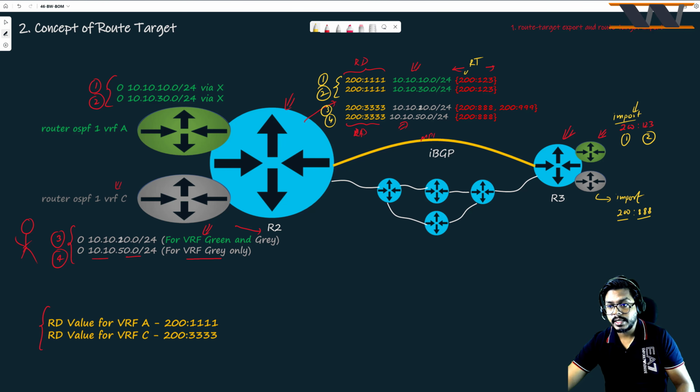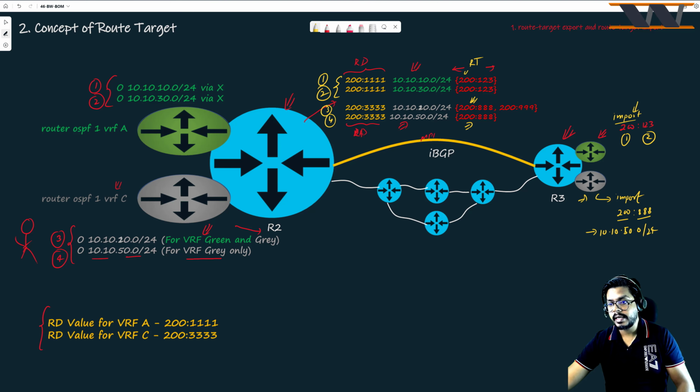So whatever routes have 200:888, I will be importing them, and that is what Mr. Prashant Patil wants. The 10.10.50.0, which has 200:888, should be imported here, and this route, 10.10.10, sorry, 50.0, is going to be imported into the gray VRF. It is as simple as that, right?